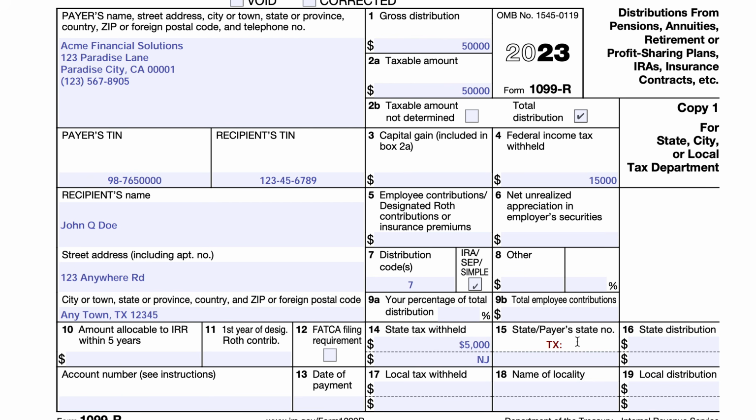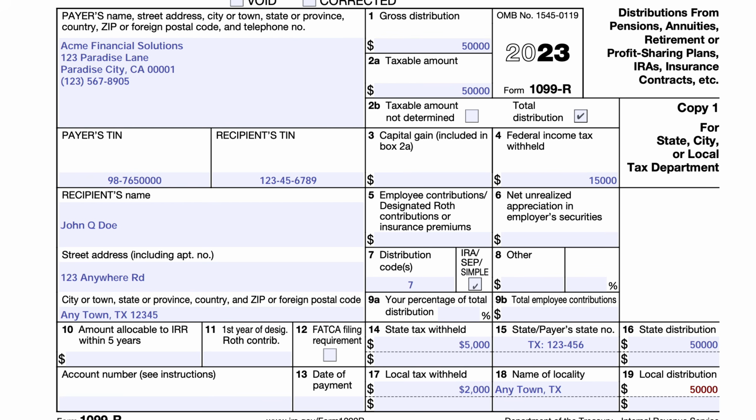So it'd be like their employer identification number that attaches them to that state. So you might see that. And then the state distribution would be the amount of the distribution that was subject to state income tax. And then same thing on the local level. Maybe you withheld $2,000. And then the local distribution amount would look like that.